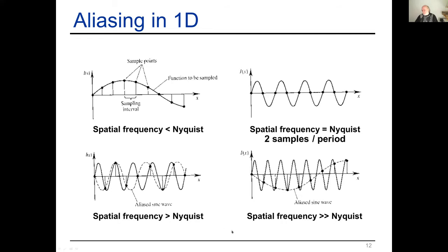Again, I'm pointing at the wrong screen here. This dotted line here is much lower frequency than the original function that we were sampling. And this simply is a result of sampling not often enough. And it gets extreme here in this case, where we're even sampling lower.